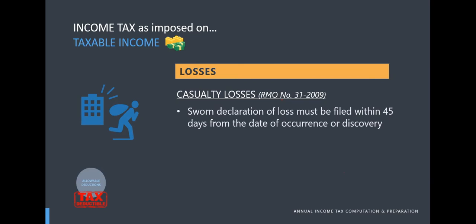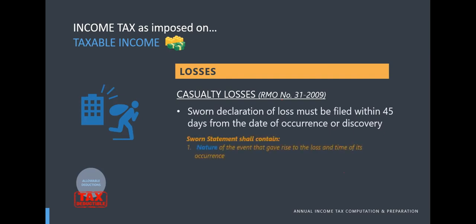So those are some of the examples of casualty losses. For casualty losses, how to report it? The taxpayer who happens to have casualty losses must submit a sworn declaration of loss and must file it with the BIR within 45 days from the date of occurrence or discovery of the casualty loss.